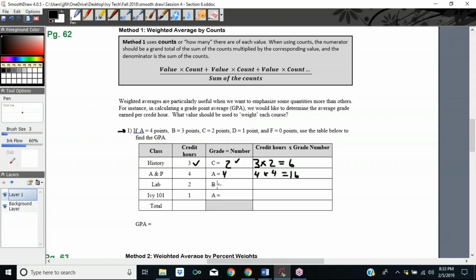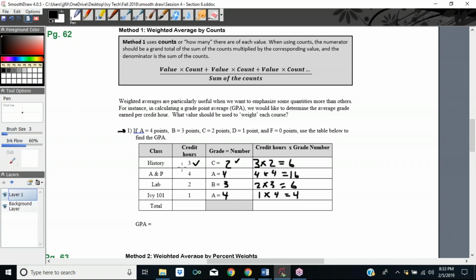For the lab, 2 credits times a B, which is 3 points, is 6, and then IVY 101, 1 credit, an A, better be an A, times 4, 1 times 4.